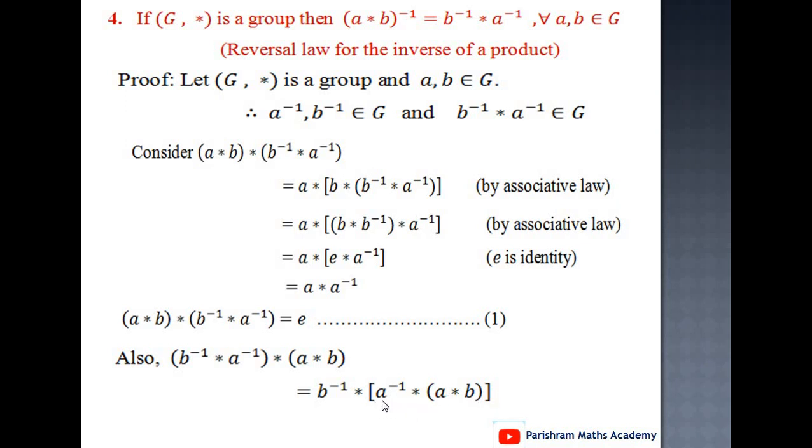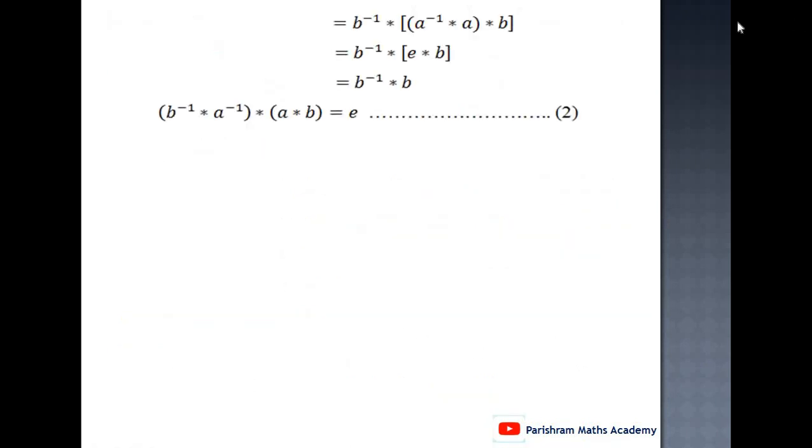Again by applying the associative law, it equals B inverse star (A inverse star A) star B. But the value of A inverse star A is nothing but the identity element, and therefore it equals E star B. But E is the identity element, therefore E star B is the same as B, and therefore B inverse star A inverse, bracket complete, star (A star B) equals the identity element.